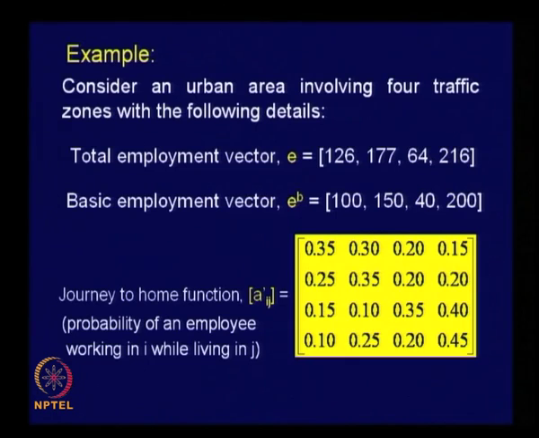This is nothing but probability of an employee working in I while living in J, right. Then this 0.3 means probability of an employee working in zone 1 but living in zone 2, that is it, okay. And 0.35 obviously is working in zone 1 and also living in zone 1. That is how we need to understand these numbers.